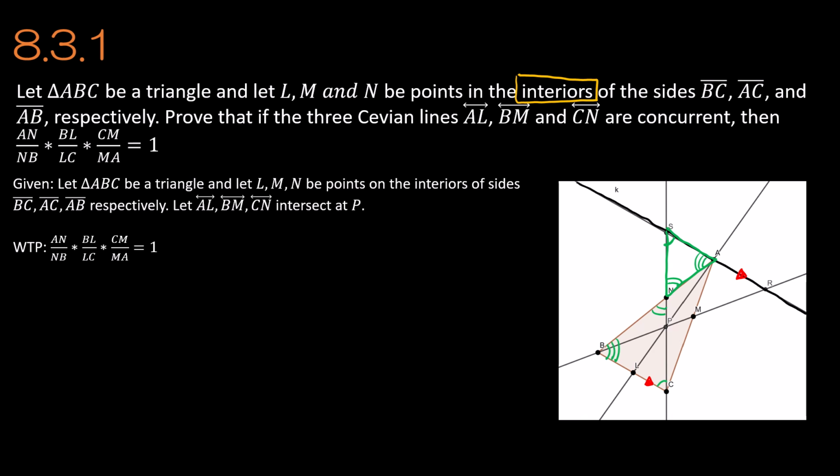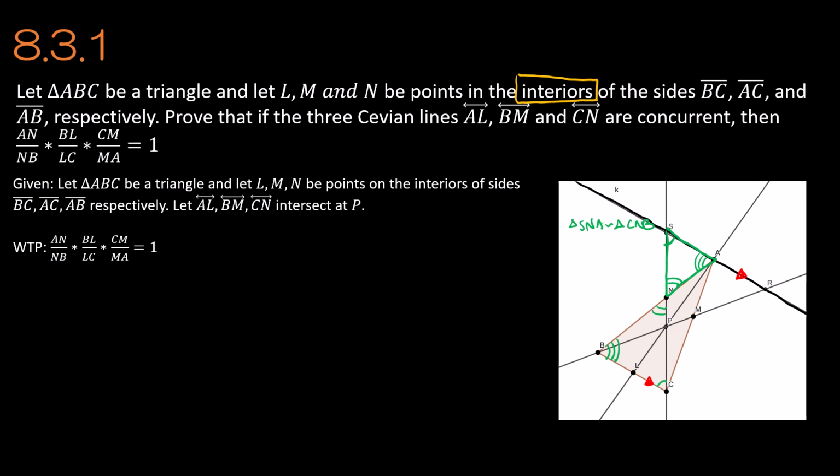So I'm going to say that SNA is similar to CNB. Now you might be asking, why does that matter? Well, because once I know that I have similar triangles, then I can use the sides in ratios. And that's what we're trying to do, is come up with ratios that are going to work.